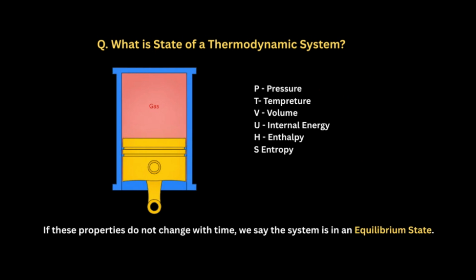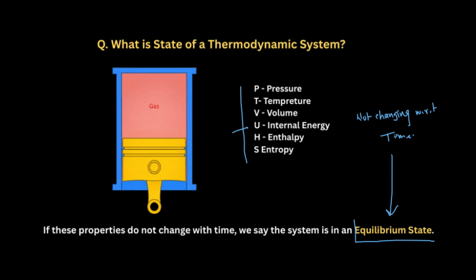Now, before going to the state postulate, let us try to understand what exactly I mean by equilibrium. If all these properties are fixed, if they are not changing with respect to time, then we can say the system is in the state of equilibrium.